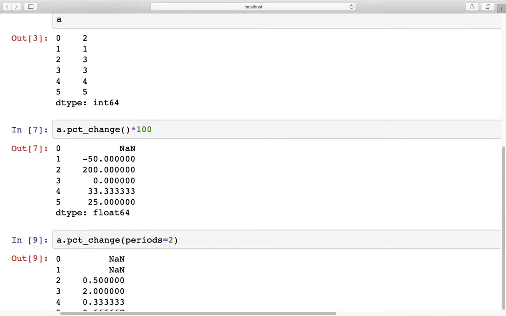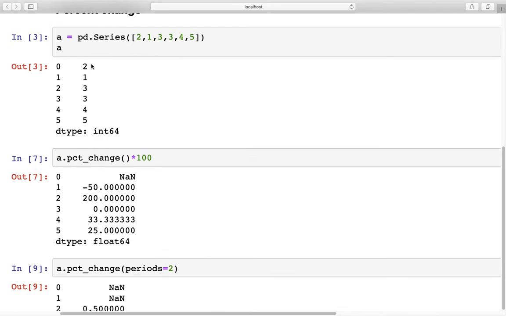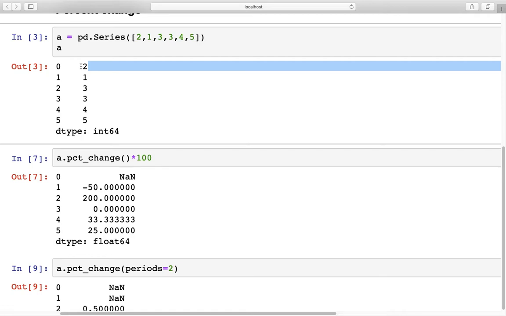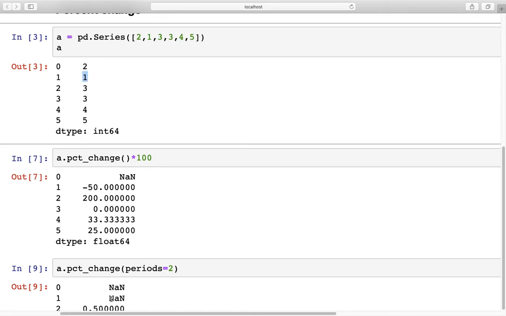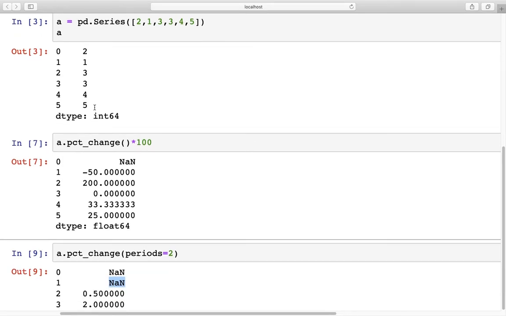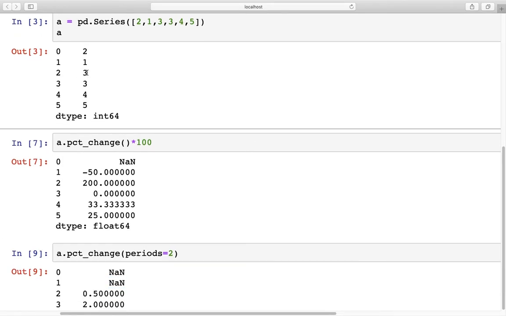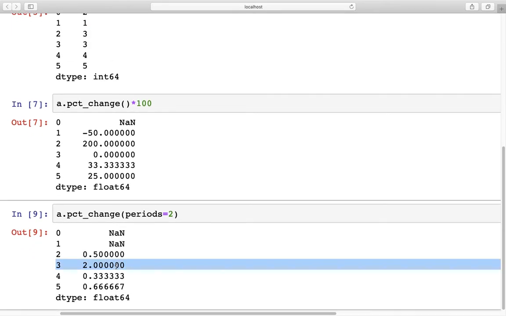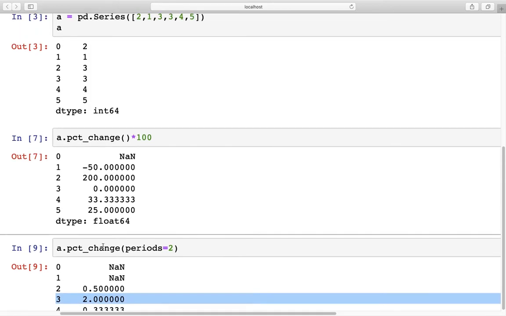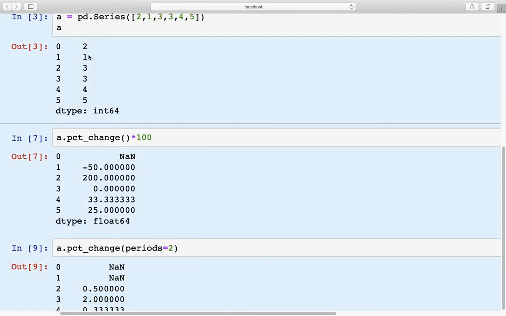Now if we look here, we are skipping 2 numbers, so there's nothing before 2, so the NaN is for that. The second is 1, and therefore we have the NaN for that. And the third, at index 2, we have 3, and that 3 has a value of 0.5, and that is coming from these numbers, 2 and 3.